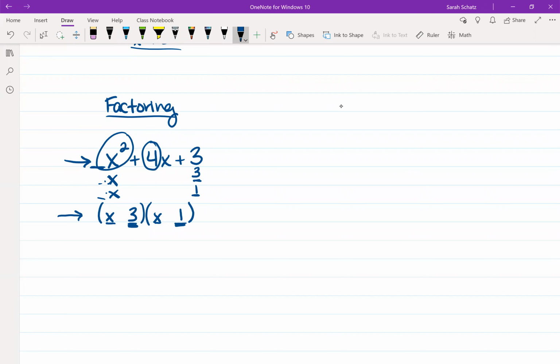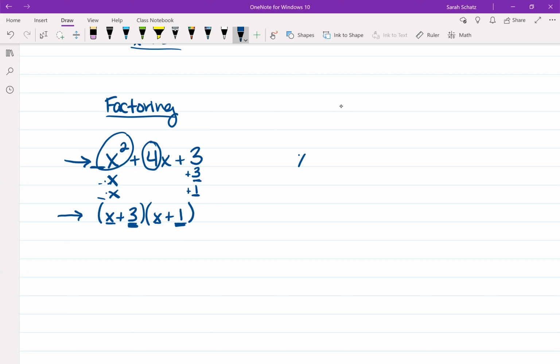Now, as far as is it plus or minus, well, if this is a positive 3 and this is a positive 1, it's going to be plus 3 plus 1. Okay, so that's probably the easiest example I could give you, but let's look at some more.